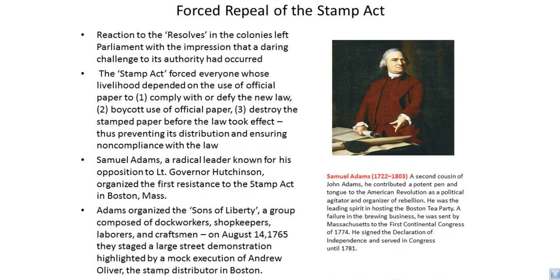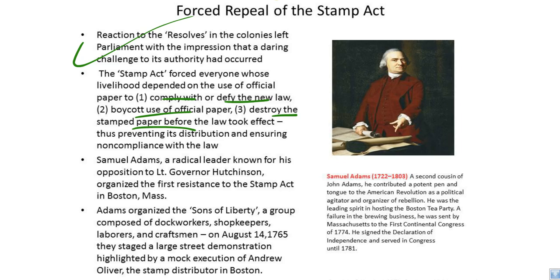The 7 resolves stated that Virginians were British citizens, entitled to the same rights and privileges as citizens in England. They had the right to tax themselves through their elected representatives. Tax laws passed externally were illegal, and anyone disagreeing with the resolutions were enemies of Virginia.